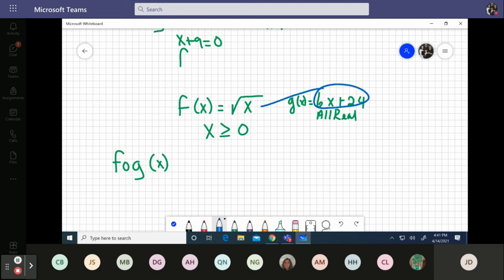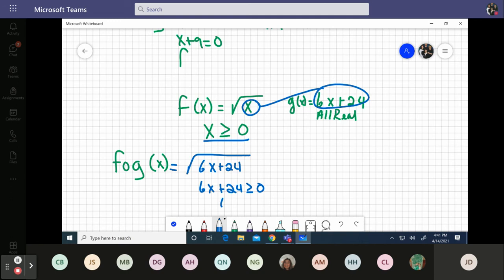G of x is going to have to be inserted for x, so I would have the square root of 6x plus 24. So I have to set 6x plus 24 greater than or equal to 0.